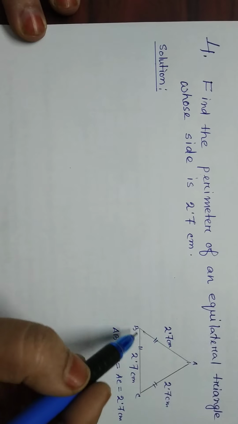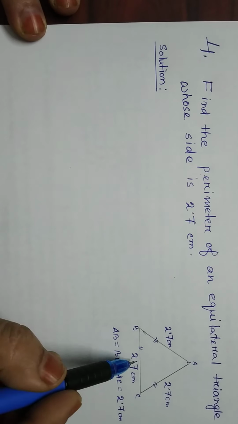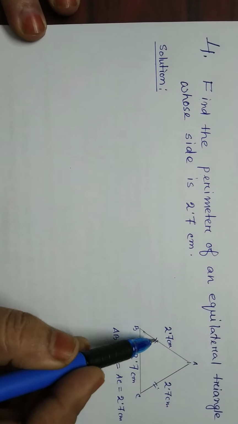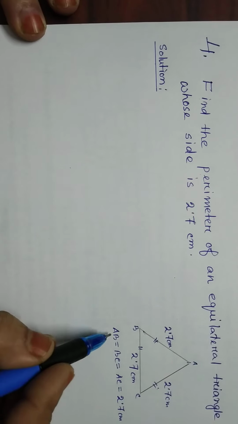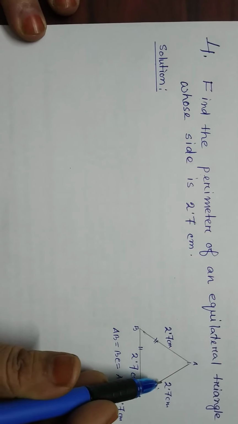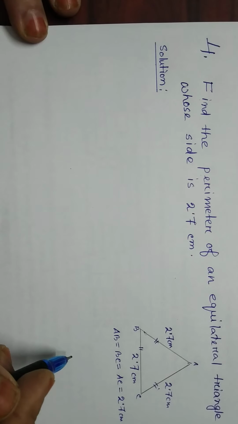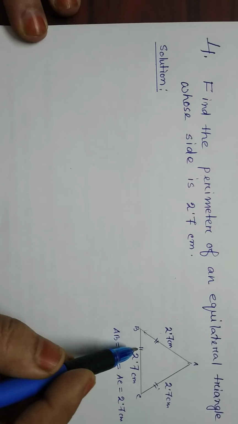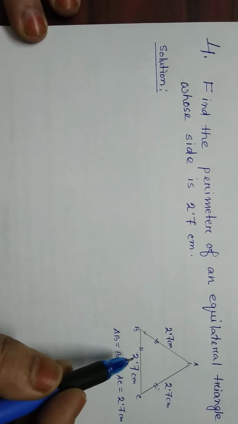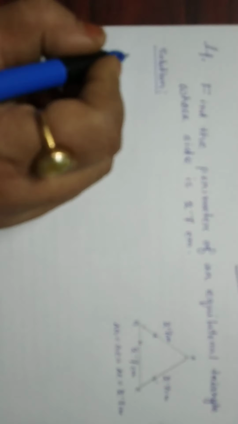Perimeter means the length of the boundary of this triangle. Therefore, we can add these three sides, or multiply 3 into the side. Why? Because all sides are equal. Therefore, 3 into side is equal to the perimeter of an equilateral triangle. If we multiply the side by 3, then we get the perimeter of the equilateral triangle.